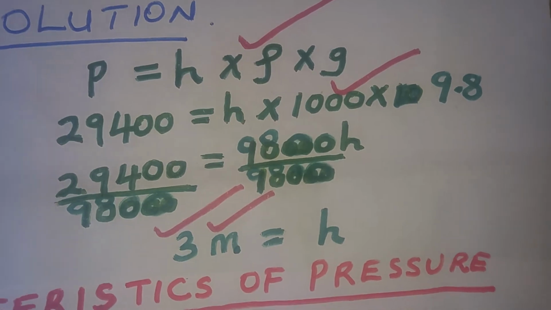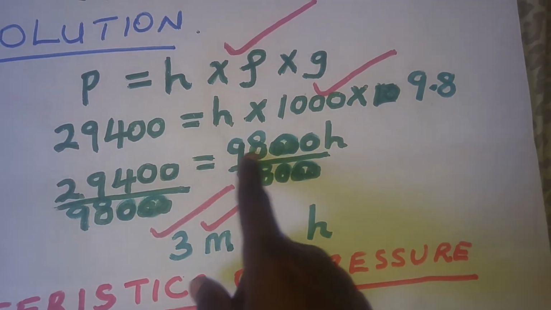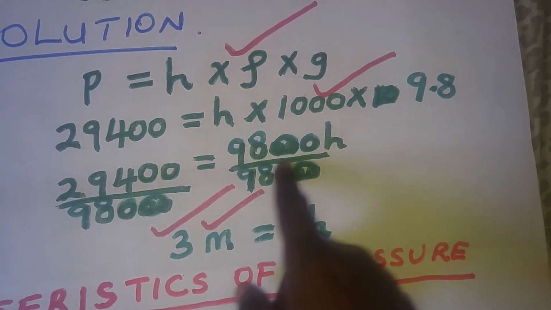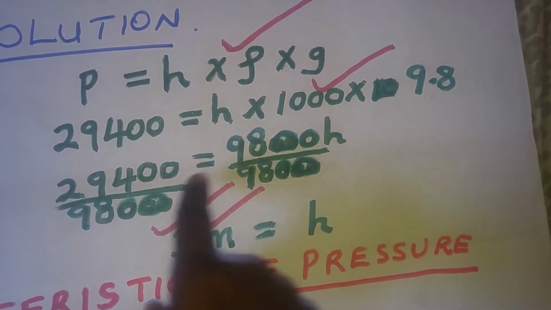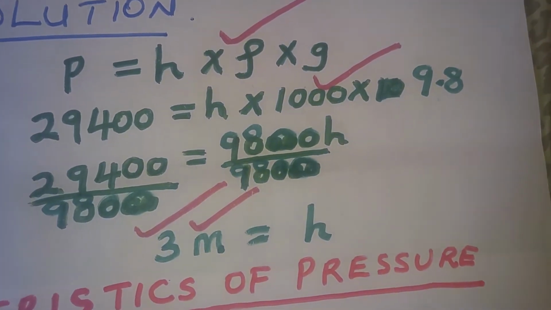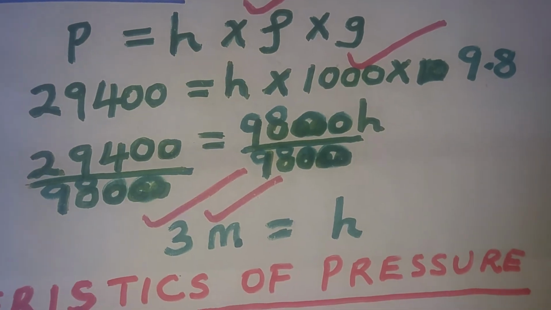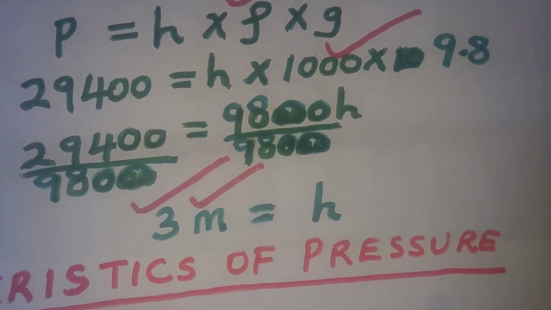When you multiply this side of the equal sign, you will get 9,800 H. So this side you have 29,400. Because you are interested in H, you divide both sides by 9,800.